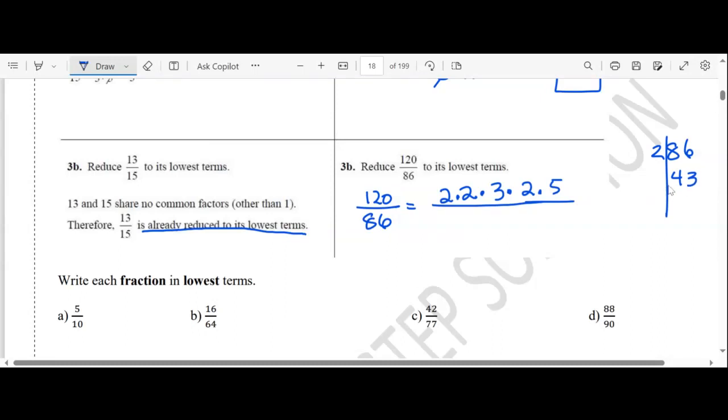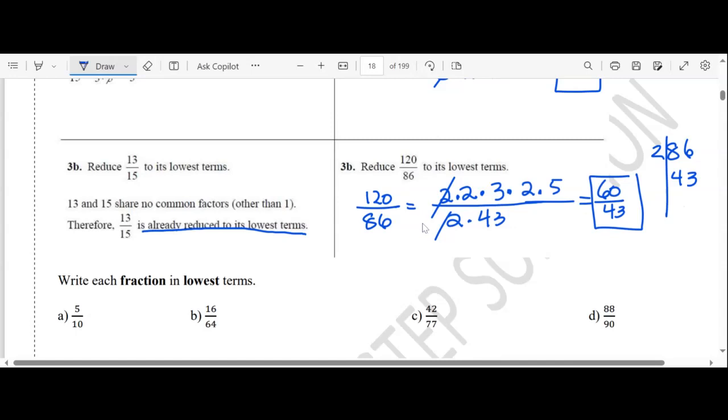Can I divide anymore? No, just a 2. So the answer will be what? 1 times 2 times what? 2 times what? 2 times 43. Can I cancel the 2 with the 2? Yeah. Okay, so what are you going to get?